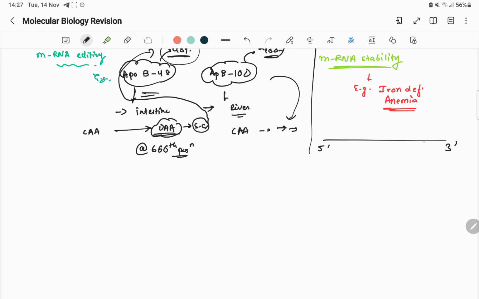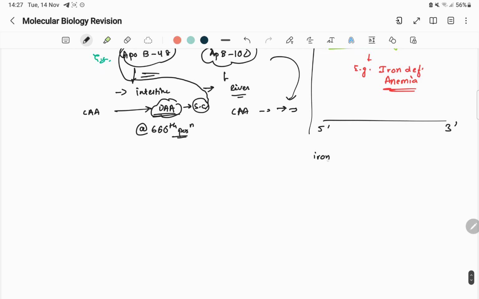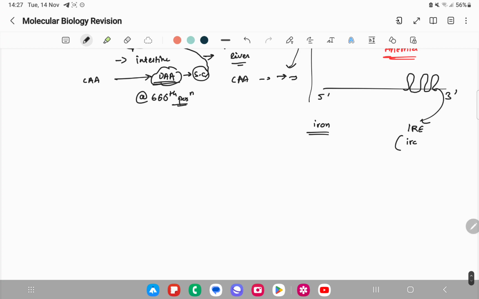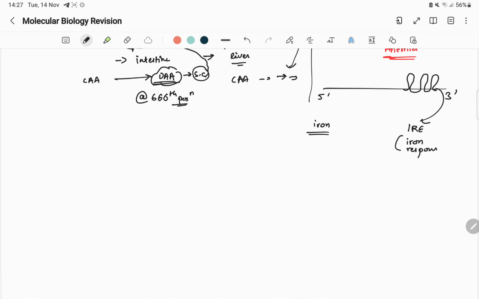If iron is decreased, in the mRNA some loops are generated like this. These are called IRE, iron responsive elements.